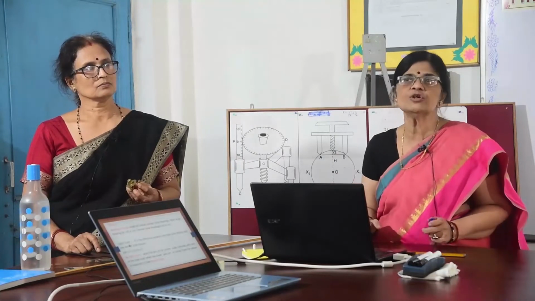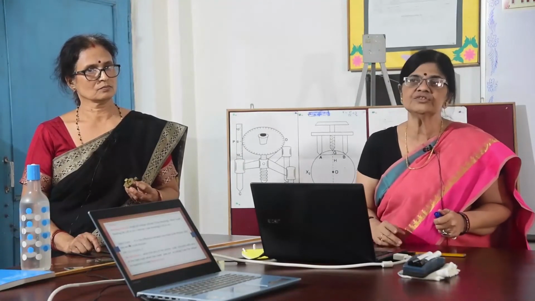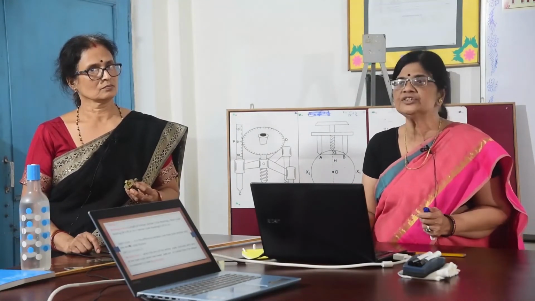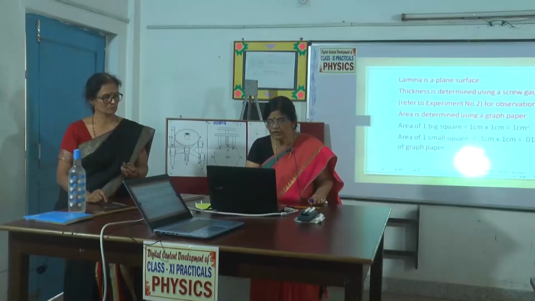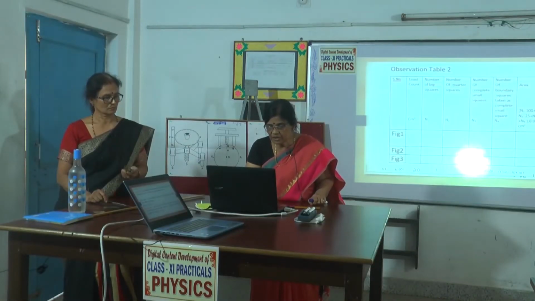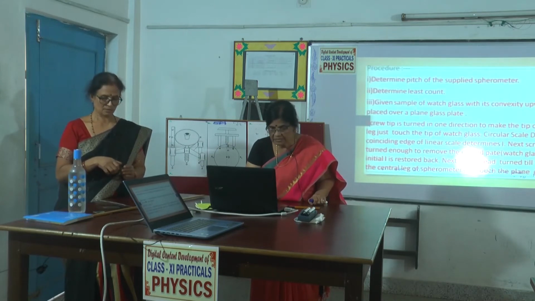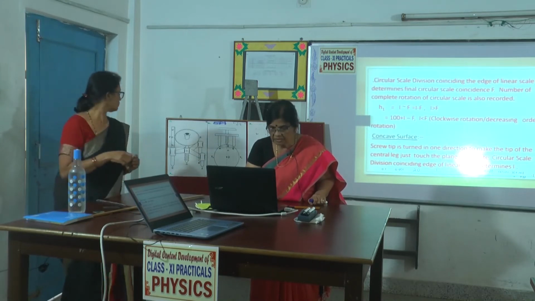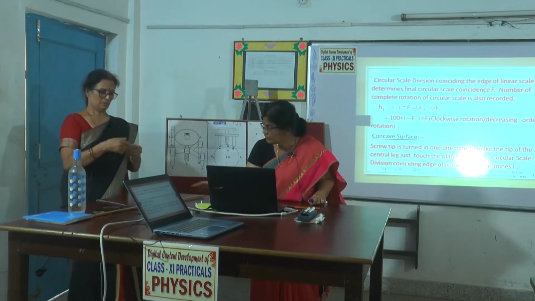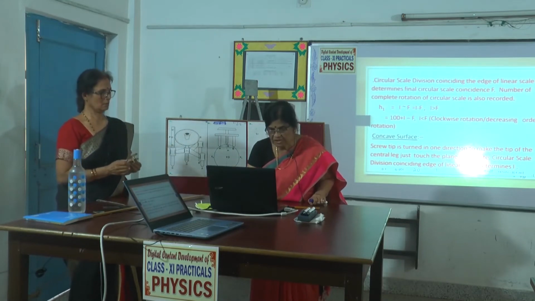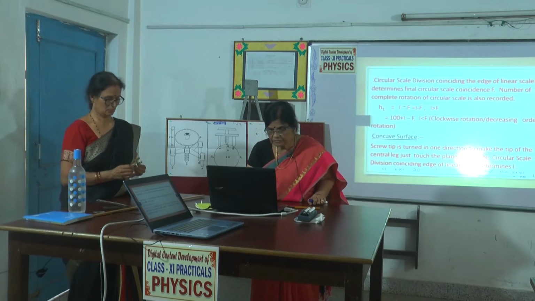So in 100 divisions it goes 0.1, so in 1 division rotation it goes 0.1 by 100, that is 0.001, or 0.05 by 100 is 0.0005 cm. So we go over to our determination of h. First I and F, determination of h. Determine h.